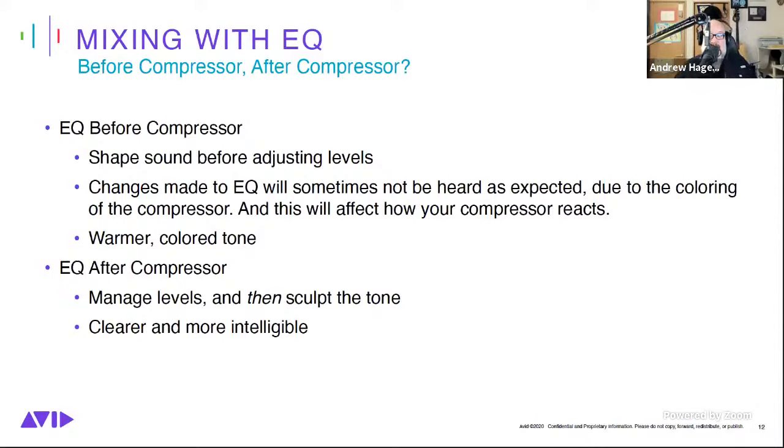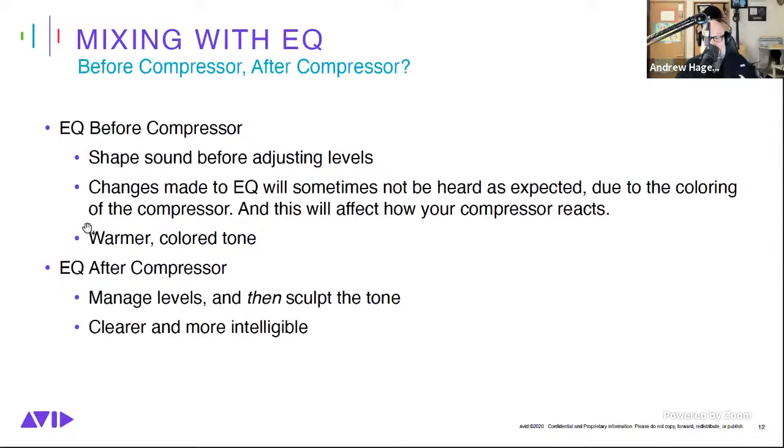So both of these things can happen. Now, it has a very long, storied, respected tradition in music production, and typically speaking, it's very easy to get a nice, warm, harmonic sound when you put your EQ before the compressor.